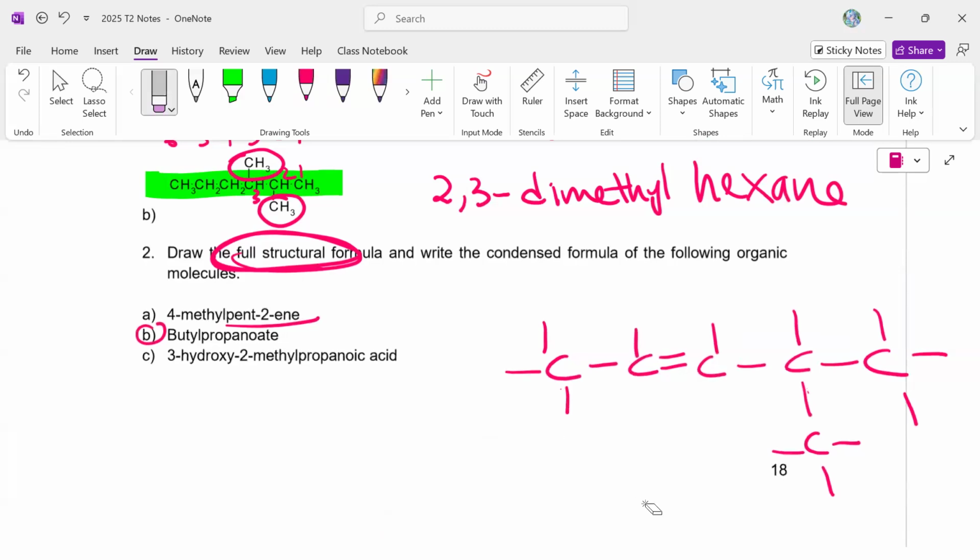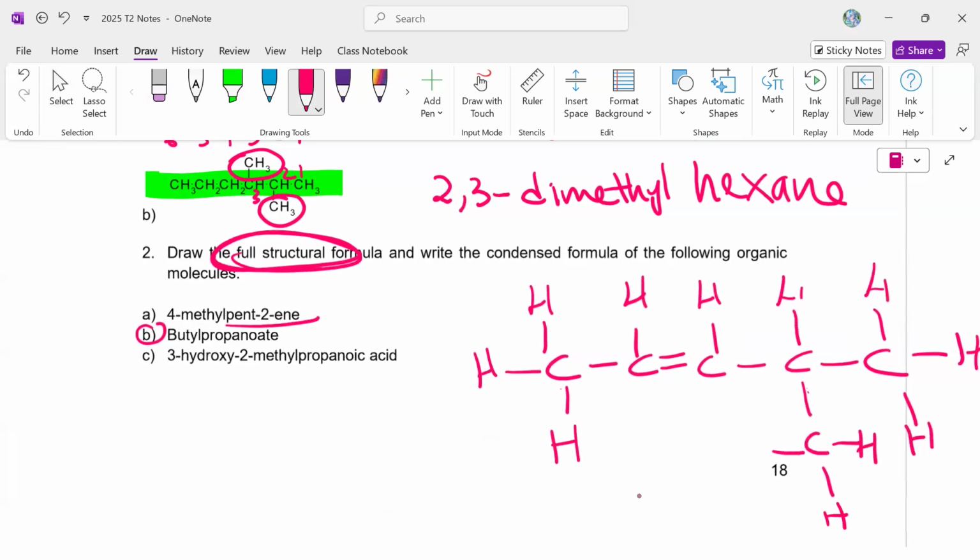Don't give me a fishbone like this. This is called a fishbone. Give me the full structural formula by putting in the H. If you like to draw fishbone, make sure that by exam it has the H. In an exam, any missing H makes the structure wrong. Okay, so that's the structure.